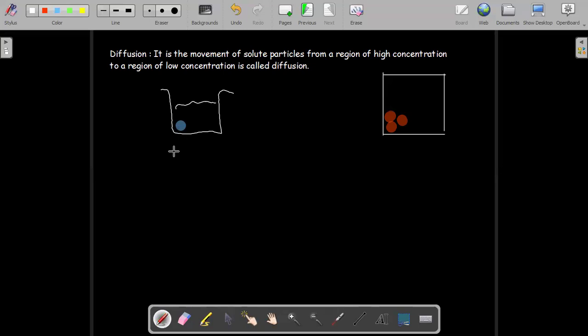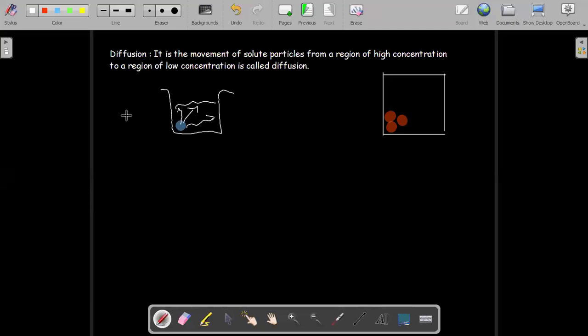This ink will spread everywhere in the beaker. At this corner it has a high concentration, but it will spread everywhere since all the other regions have low concentration. It will make the complete water blue. So what has happened here? Diffusion of ink has taken place from one corner to every place in this beaker.